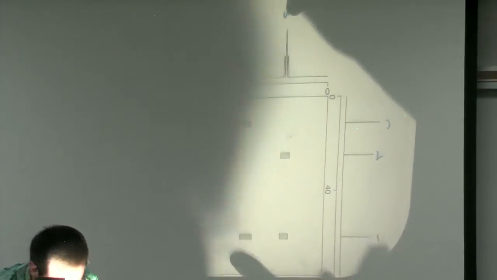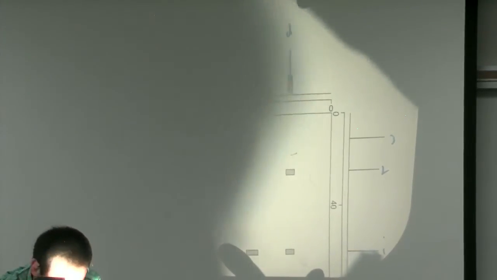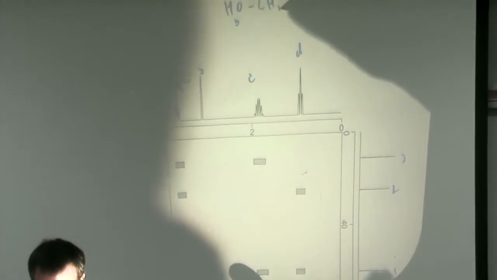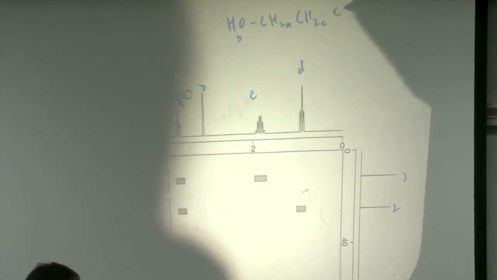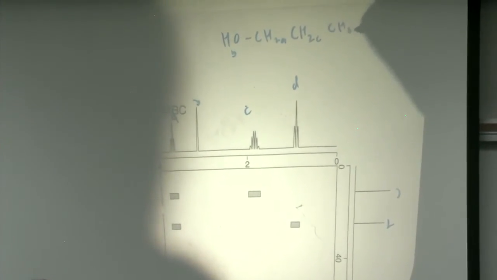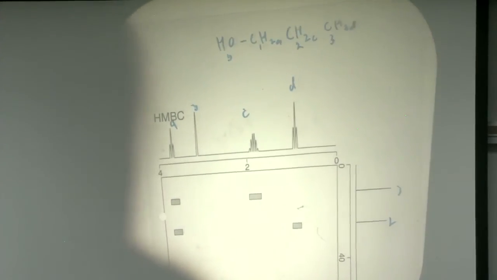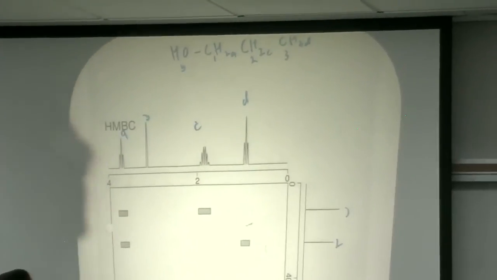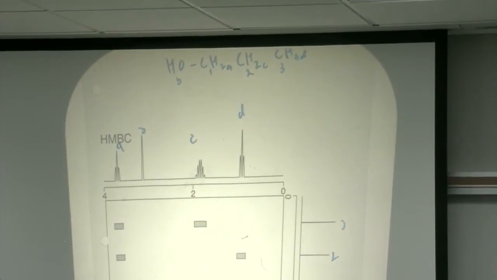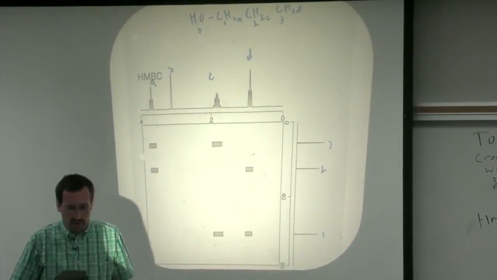For example, if this is our molecule, OH, B, CH2 A, CH2 C, CH3 D, and we already know these are carbons 1, 2, and 3. So we'll just look at two of these.